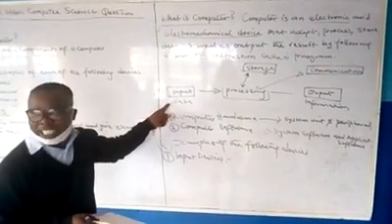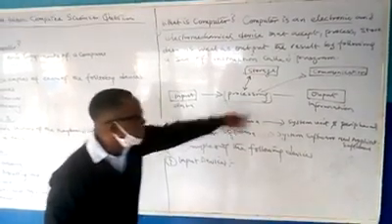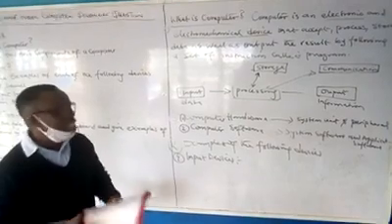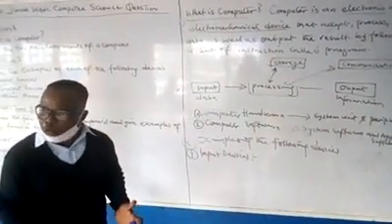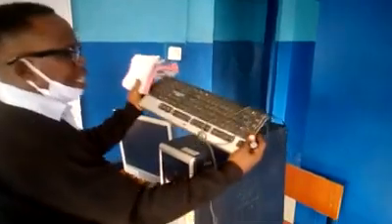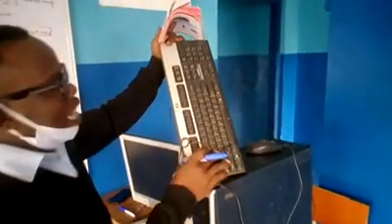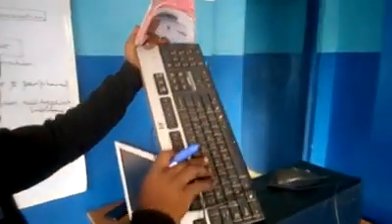Data are raw facts that have not been processed. Now, if you want to input it for it to be processed, what do you do? You use a device. As I said, a device is a component that can aid other components to function. Now, the device you use to input data is the keyboard. Look at it here, keyboard. This is a keyboard. And this keyboard has different keys. And when you are keying in data, you are what? Inputting data. That is why it's called what?